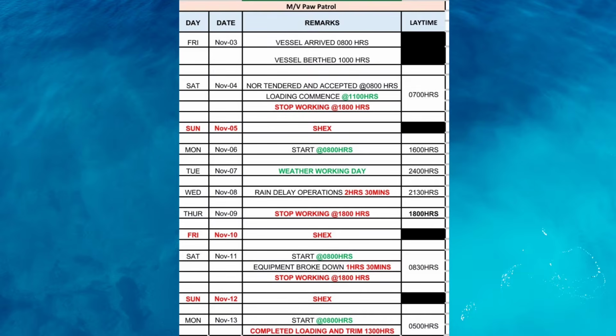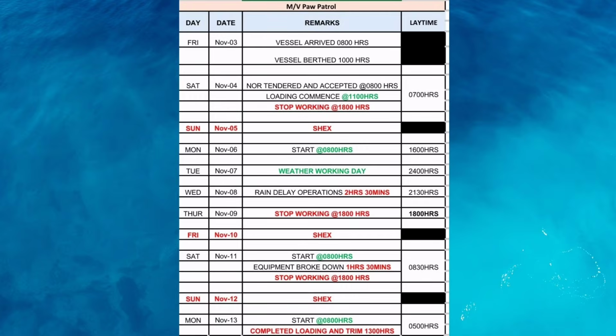So if we started to work at 1100 hours, that means for 11 hours out of that day, we did not do anything. So it's only fair that we subtract that 1100 hours from the 1800 hours to get our laytime. And in this case, the laytime is 700 hours.